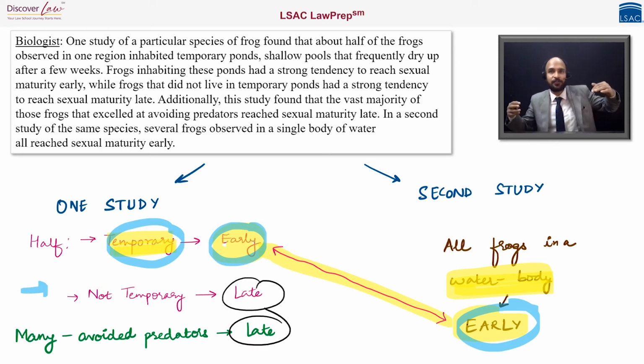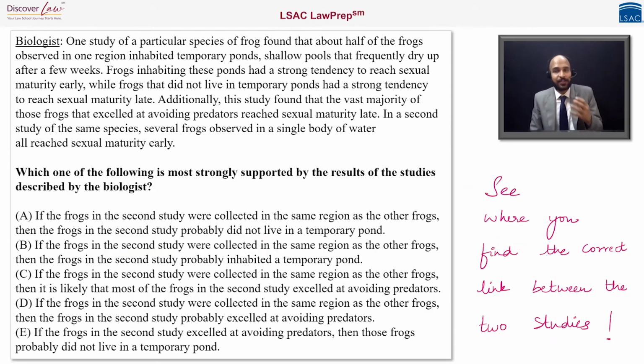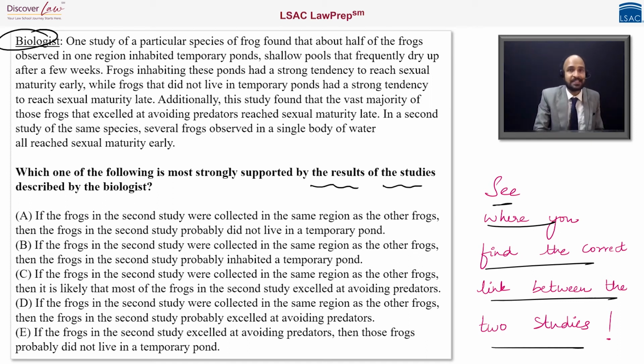So the relationship between the first and the second is about here. Now I'd like to believe that the option we're looking for will indicate this connection that we saw between the two studies. Because obviously the biologist is talking about two studies and the results of the studies, which means we're looking for something that relates to both the studies together. Can you pick the answer?